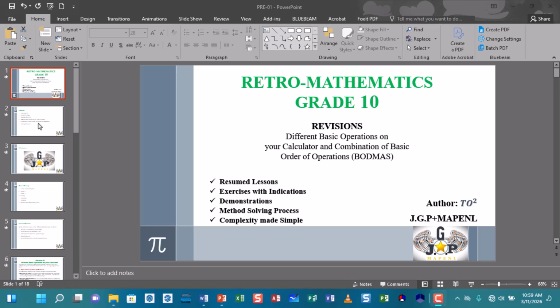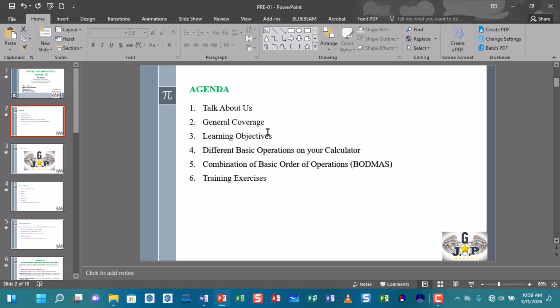The second slide is all about the agenda for this course. I'm going to talk a little bit about us. Then we're going to do a general coverage. We're going to go through the learning objectives of today's lesson, the objective of today's revision. Then we're going to go through the different basic operations on your calculator a little bit.